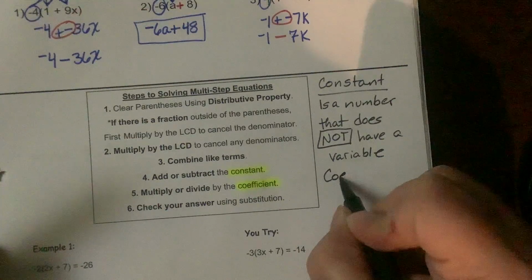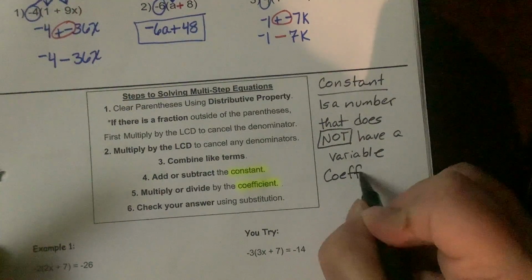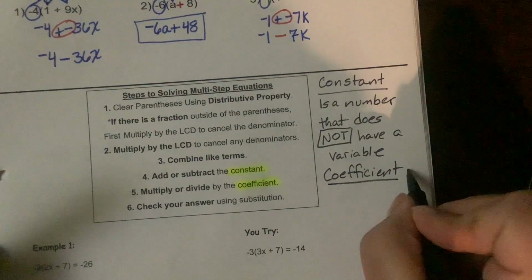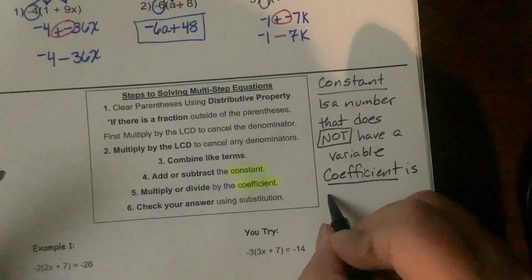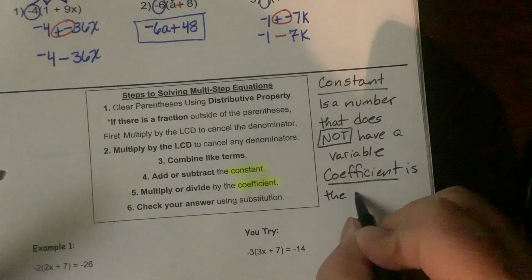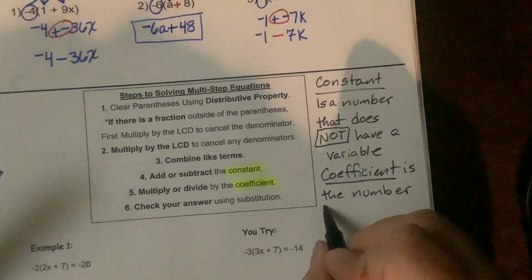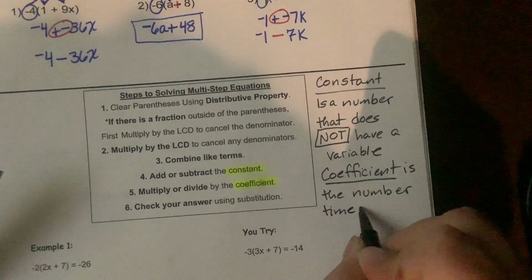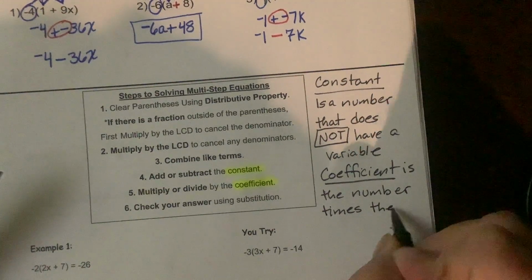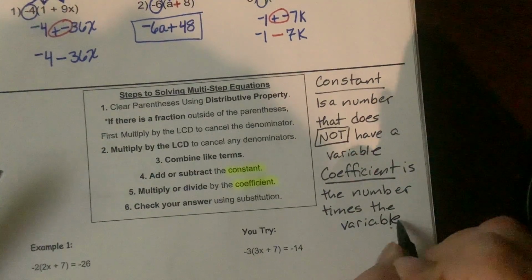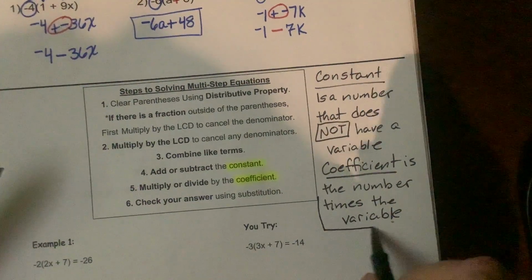Coefficient is also a number, is the number times the variable. I'm just going to extend my little box and go over like that.